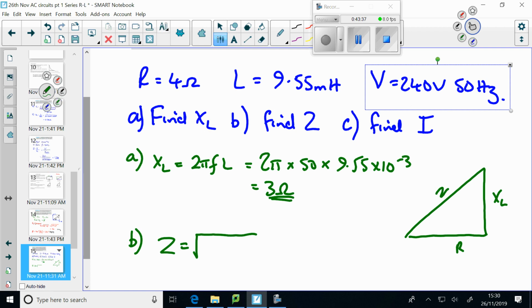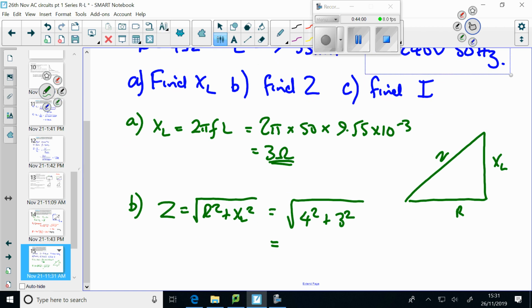To get the angle, we want to know the magnitude as well. So you're going to do R squared plus XL squared. Root of 4 squared plus 3 squared. I think you'll find that's a 3, 4, 5 triangle. And you need to complete that off.